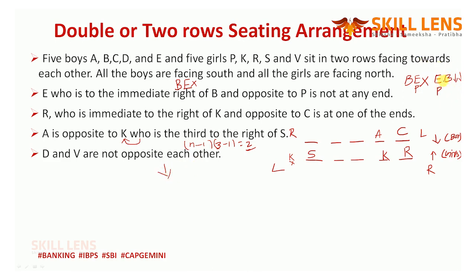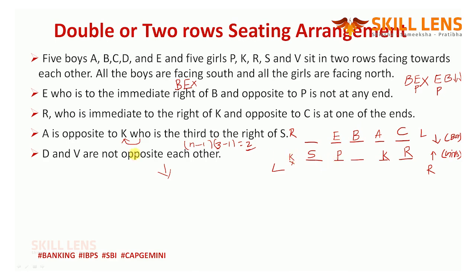First point, guys, P is not at any end. So already S is placed here, so I have to place P here or here. I am getting 2 possibilities. So let me place B here, let me place E here.